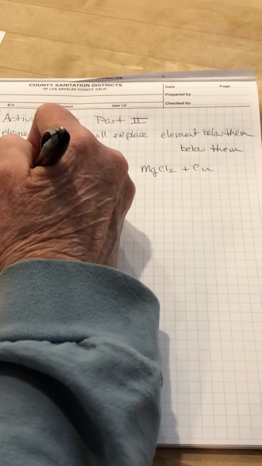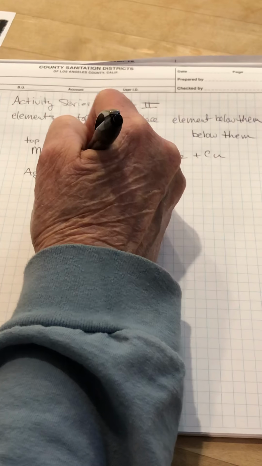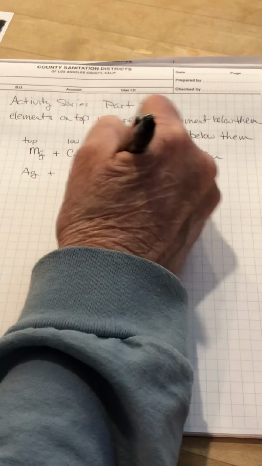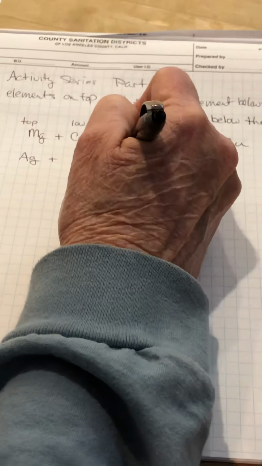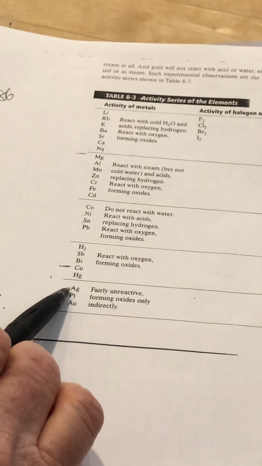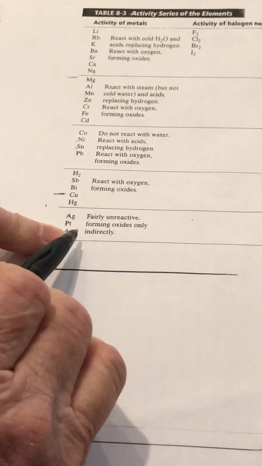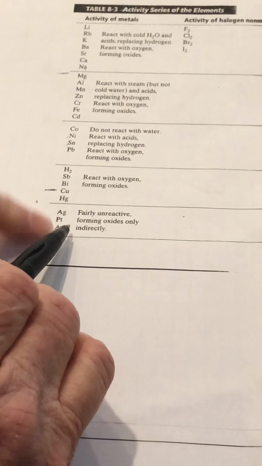Now, how about if we write another one? Silver plus HCl. Will that proceed? Well, to know if that's going to proceed, we have to find silver on the activity series, and it's way down here. These elements don't react, and they sure don't react with acids.